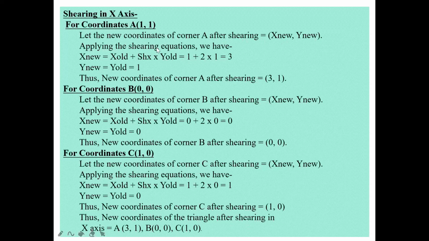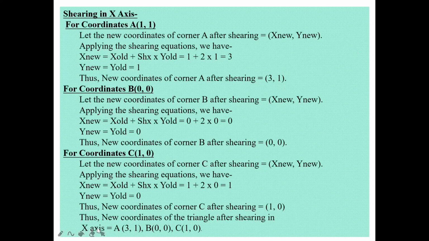Applying the shearing equation, x new will be x old plus shearing x multiplied with your y old value. So put all the values and get the answer. Then y new also will be equal to your y old value, which is equal to 1. Then you will get the new coordinates of your corner, or vertex, A after shearing. This is the answer. Similarly, you have to apply for coordinates B also, coordinate C also.